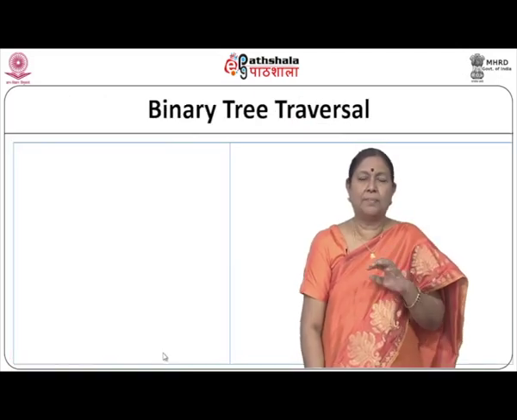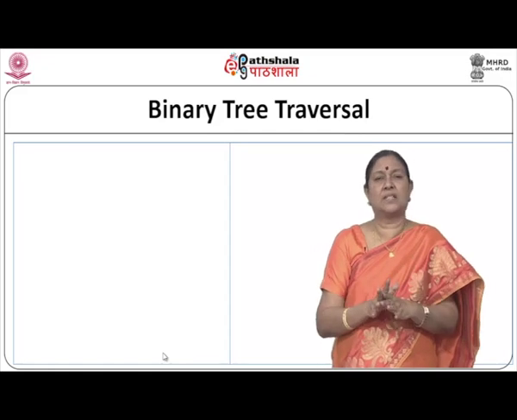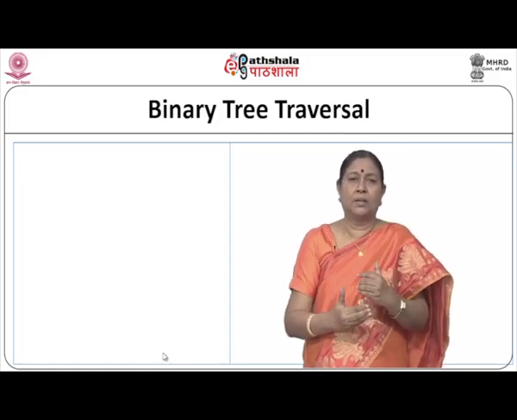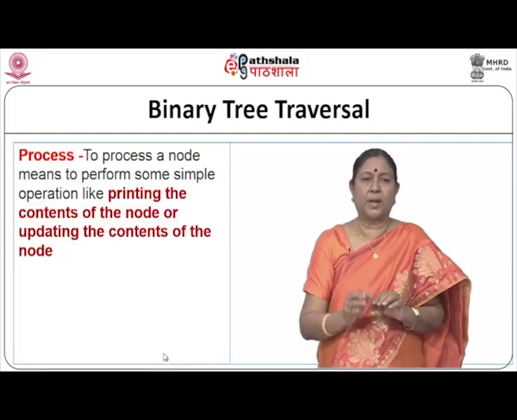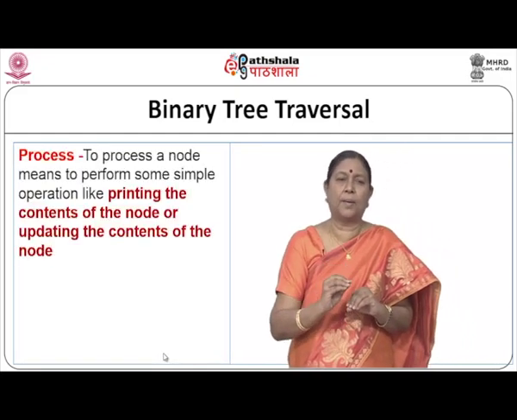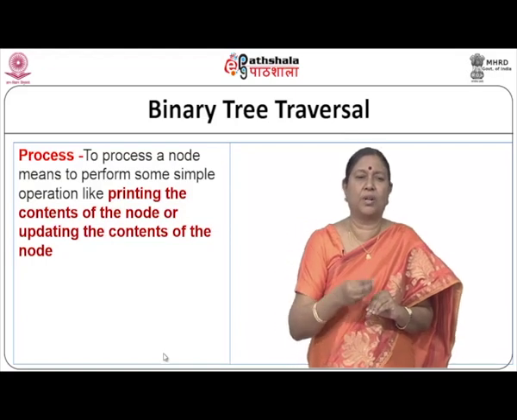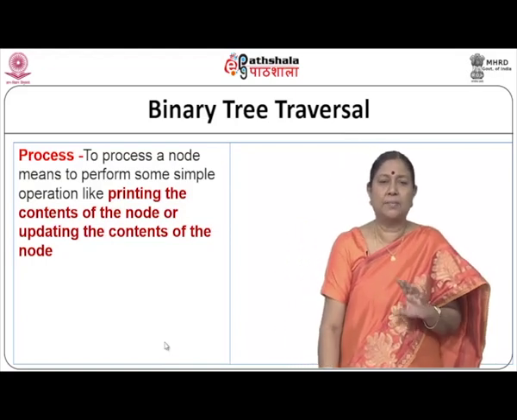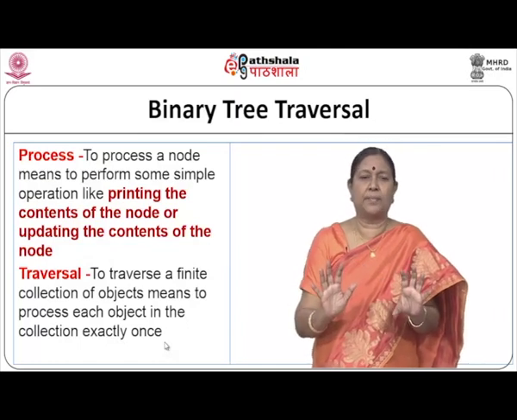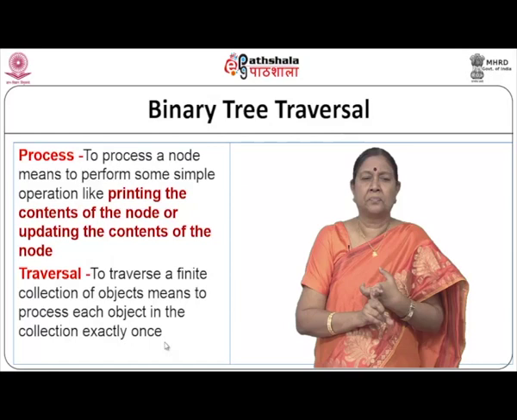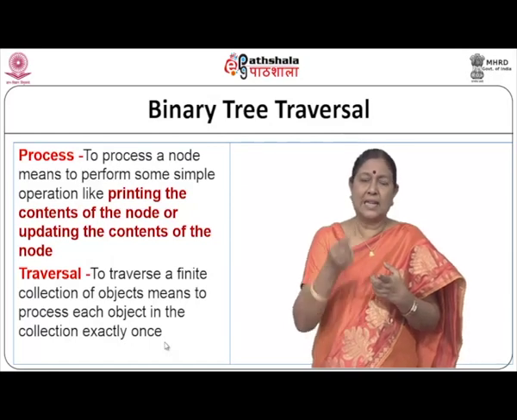So, now let us look at binary tree traversals. We just looked at traversals for the general tree, but it is much more important to look at it from the binary tree angle. To process a node means to perform some simple operation like printing the contents of the node or updating the contents of the node; that is the meaning of processing. Traversal means to traverse a finite collection of objects, processing each object in the collection exactly once.